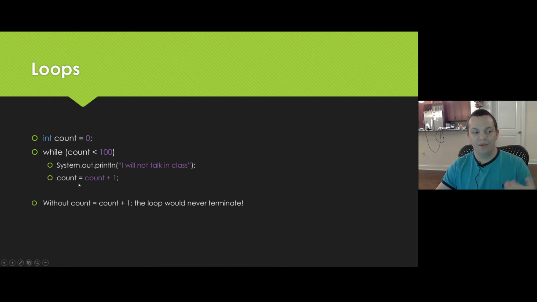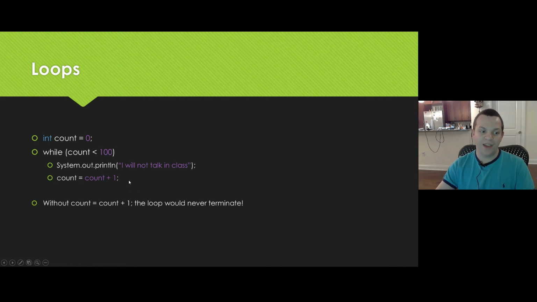Because we remember to add 1 to count every time that we do this. If we set count to 0 at the very beginning, and we go all the way through to 100, we will write it out 100 times, because it'll go from 0 to 99, which is 100 different times, until we get to the very end.